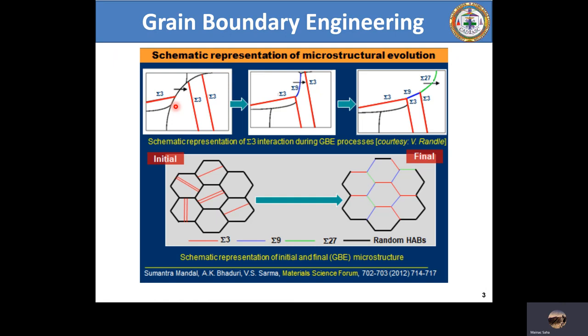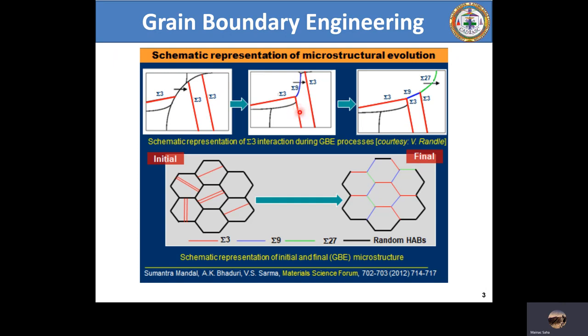When we give the thermomechanical processing, which I will discuss in the next slide, in order to attain a grain boundary engineered microstructure, we end up reducing the volume fraction of the high angle random angle boundary. As you can see, the extent of black lines has been reduced as compared to this case. The other thing is that sigma 3 boundaries have increased in volume fraction, and sigma 9 boundary has also been induced.